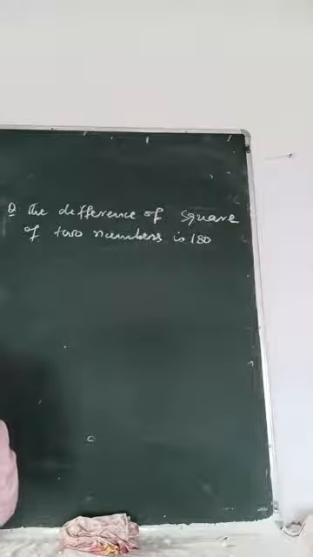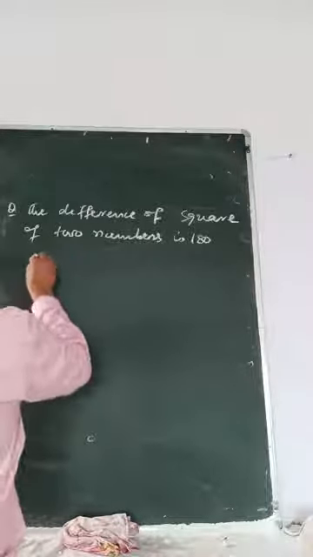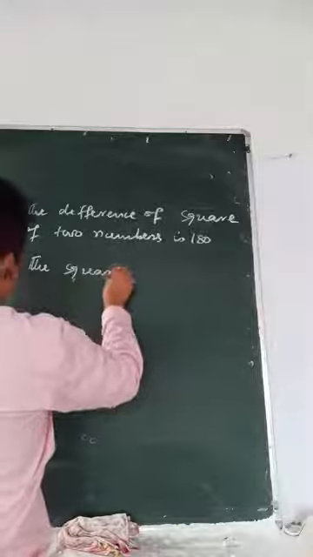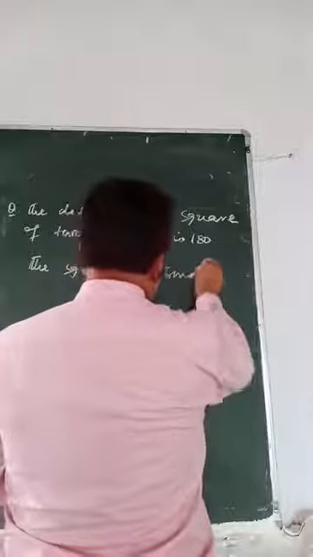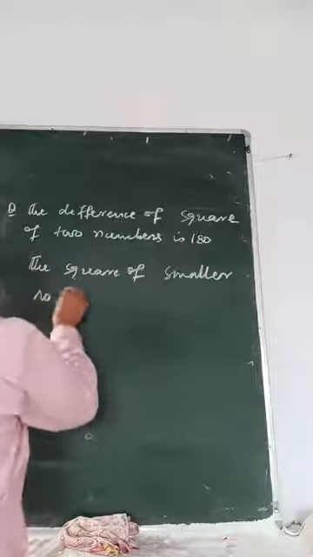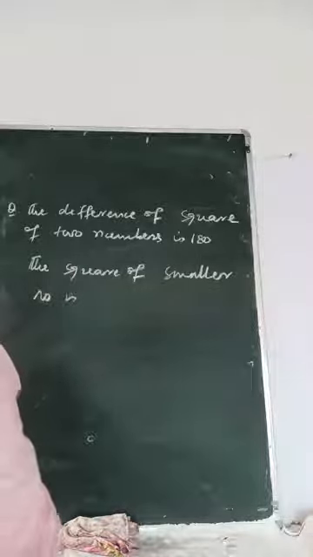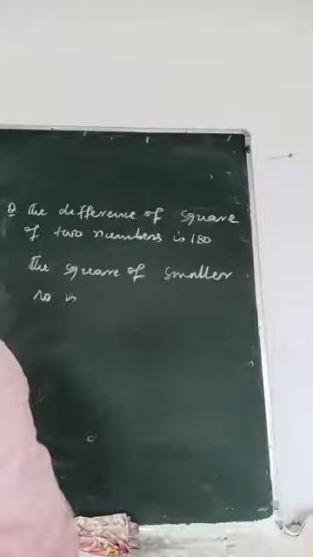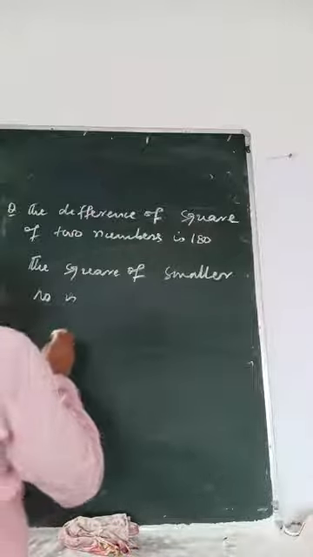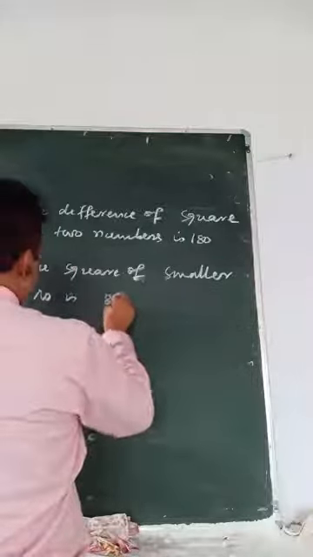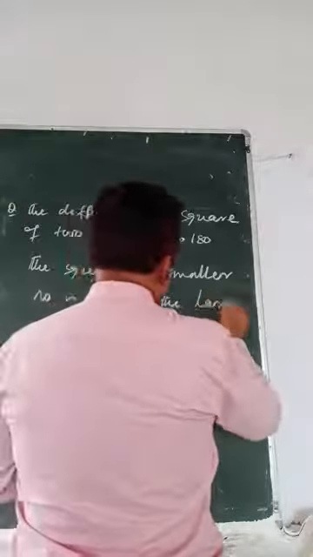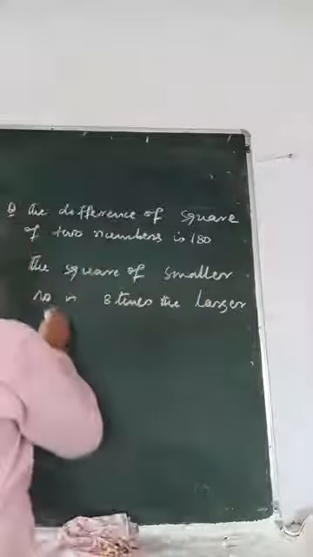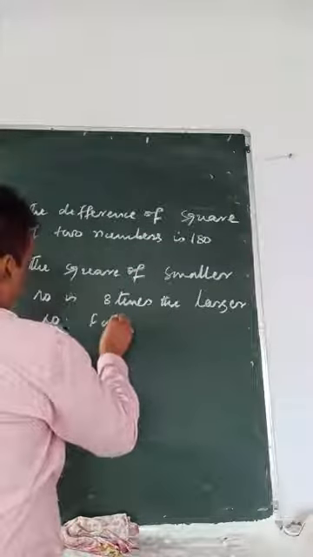The square of the smaller number is 8 times the larger number. Square of the smaller number is 8 times the larger number. Find the numbers.